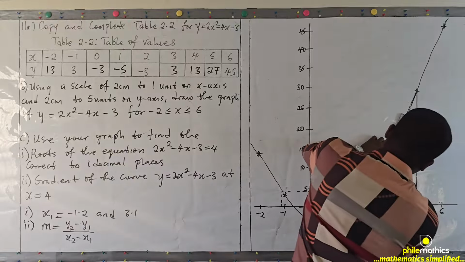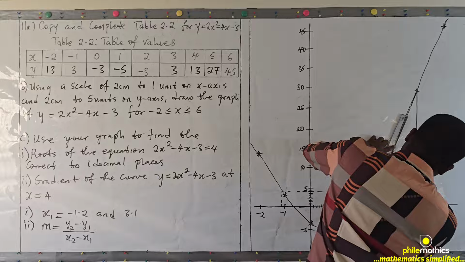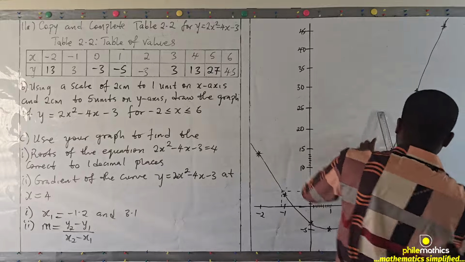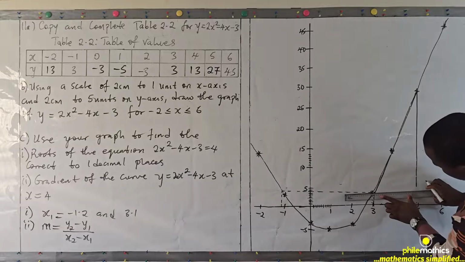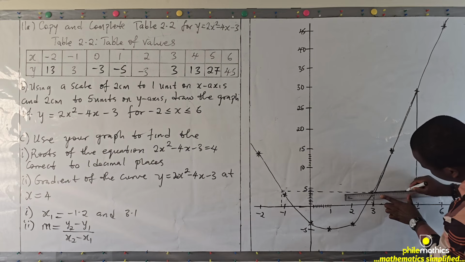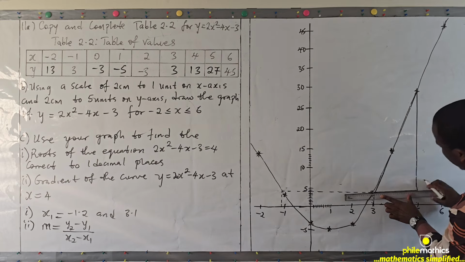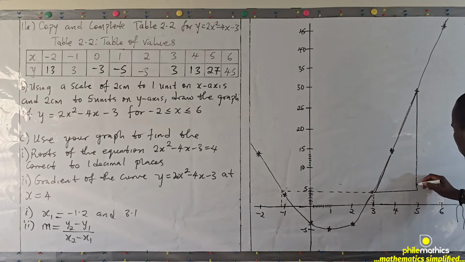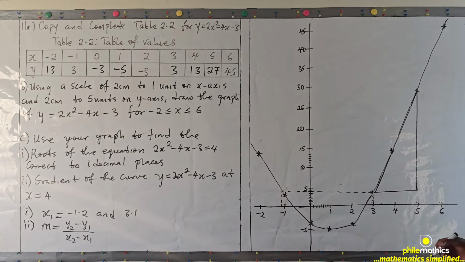Let's stop at this point that is already known. So that this is simply this point minus this point. This is our x2, y2.